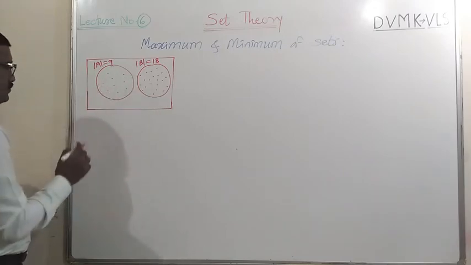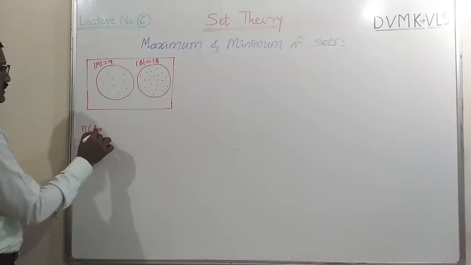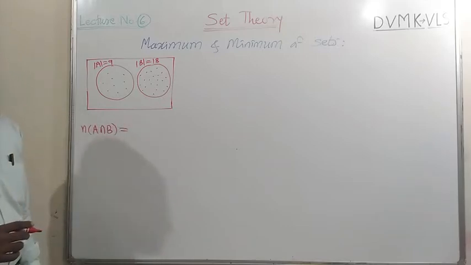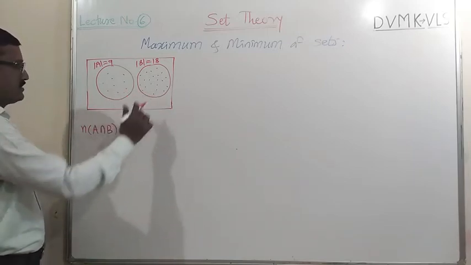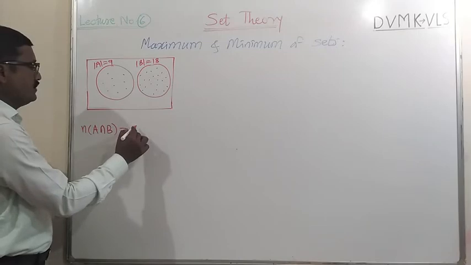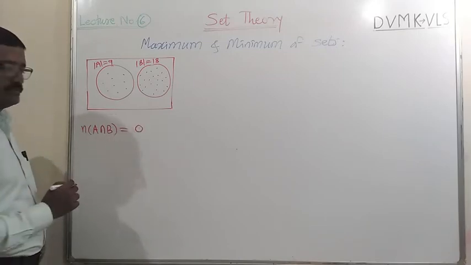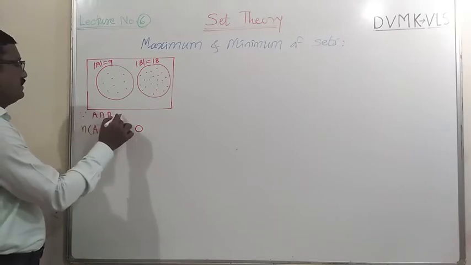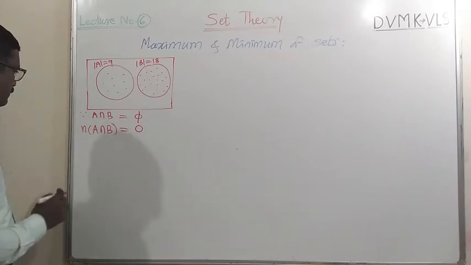Then if you observe these two sets, as they are disjoint, there is nothing common between them, so the number of elements in their intersection will obviously be 0, because A intersection B is equal to the empty set. That case we have taken here.